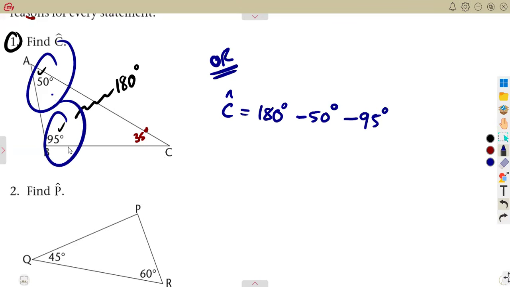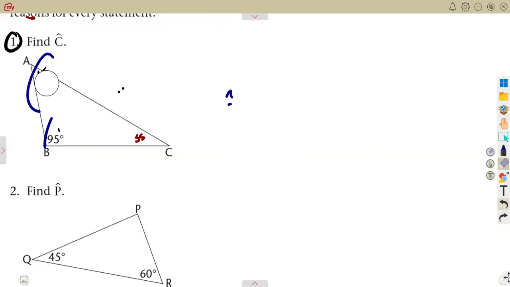By subtracting these two angles, I'm obtaining the only remaining angle that we are given there. That's straightforward. Still, you are going to obtain your angle C as 35 degrees. Or you can form an equation where you can solve for C. So our C was 35 degrees there.